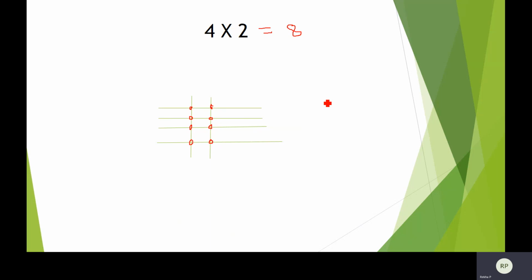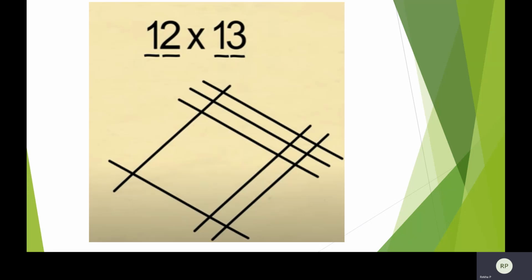Now suppose you have a two-digit number, how do you do it? Let's look at 12 into 13. First you have to represent 12 using lines. The first digit is 1, so I have drawn one line like this.